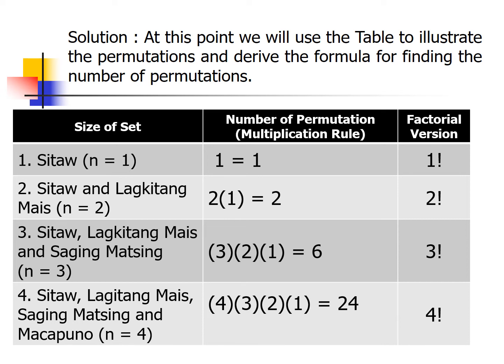So, n is equal to 4. Starting with 4, times 3 times 2 times 1 is 24. So, 4 factorial is equal to 24. These are the number of arrangements that you will get depending on kung ilan yung inyong n.